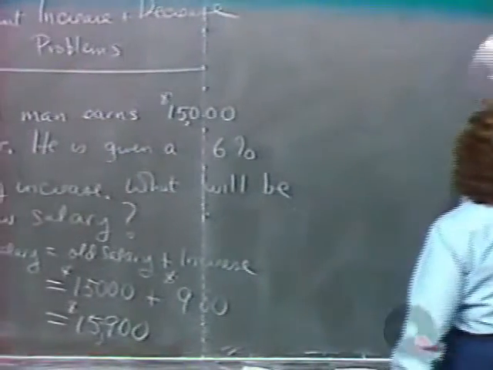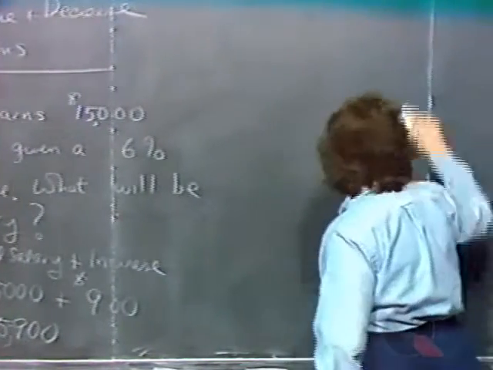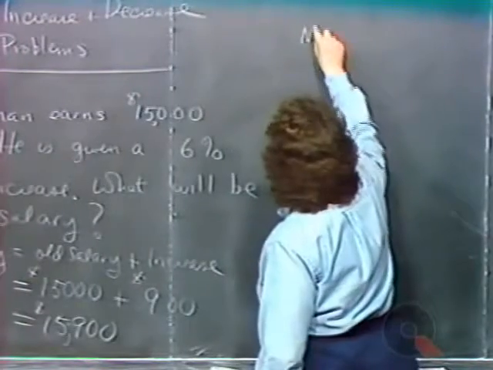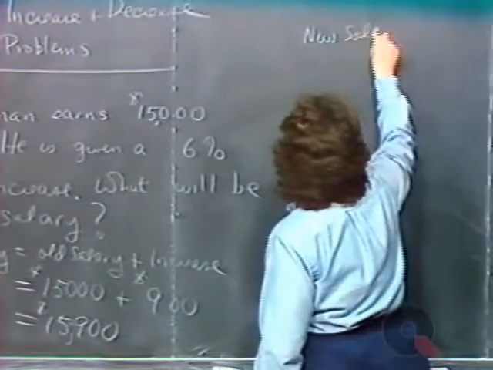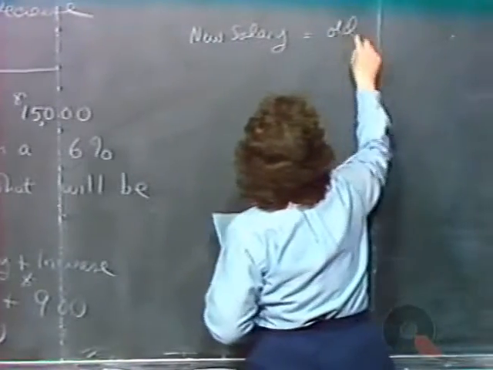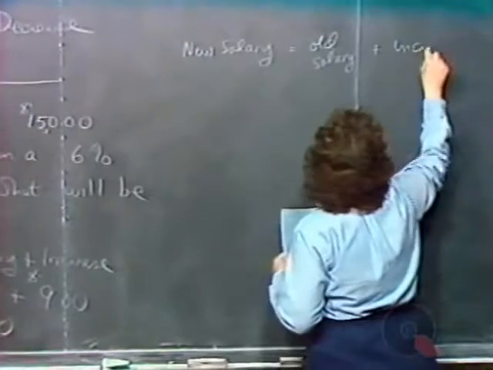There is a way of doing this problem sort of in one step. Let's see what we had. We had that the new salary, which is what we were looking for, is equal to the old salary plus the increase.